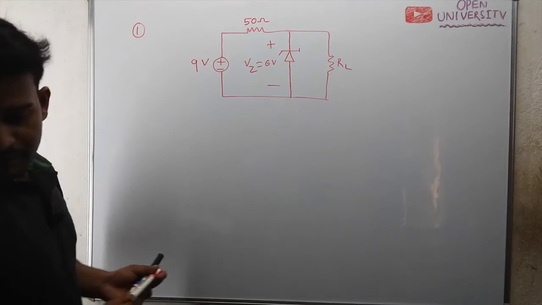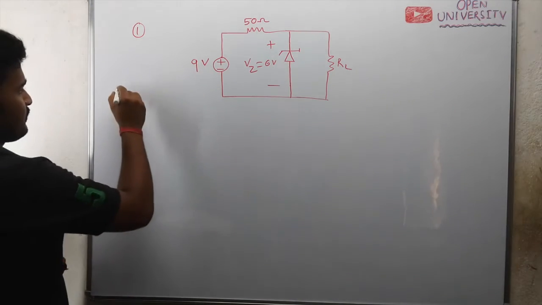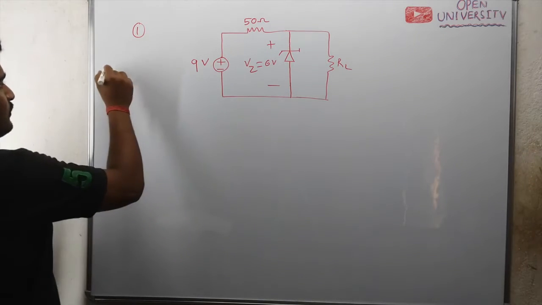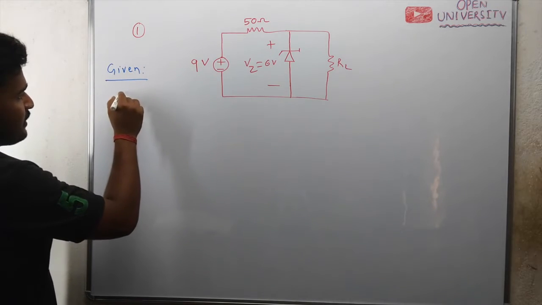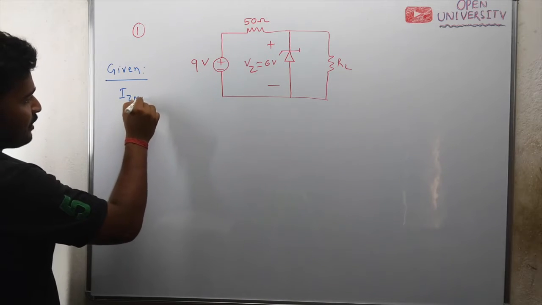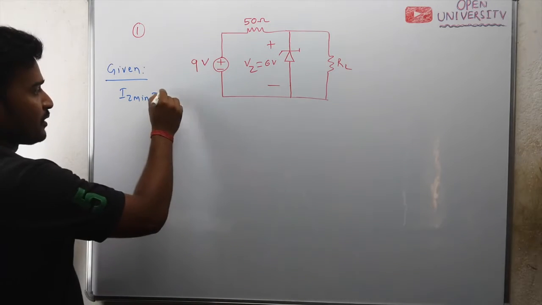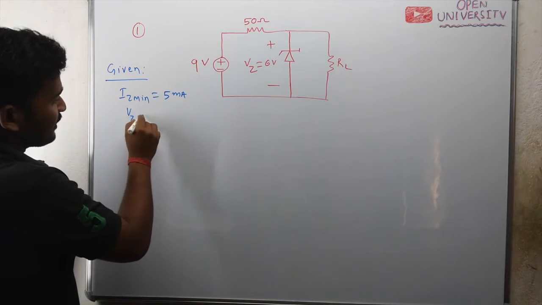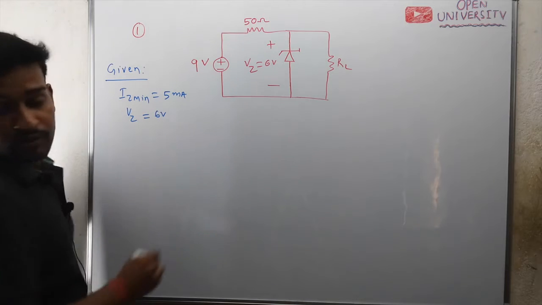What are the data given? IZ min, the Zener knee current, is 5 milliampere, and the breakdown voltage of the Zener diode is 6 volt.